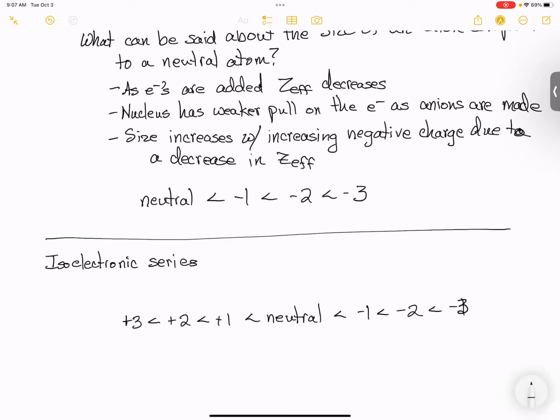Questions about that? And we just proved why, because in large part it's due to the Z effectives.